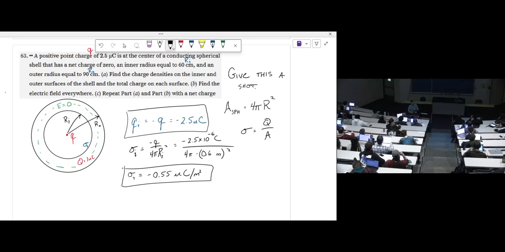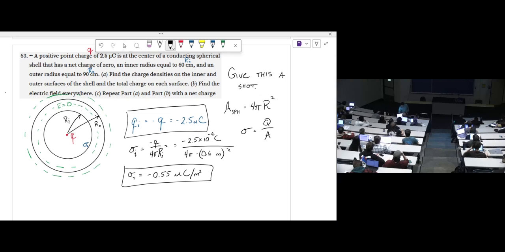Okay, what about the charge density on the outer portion of the sphere? An easy way to think about that is, if I've got this radius that looks something like this, I can just add up how much charge is in the center plus how much charge is on the shell.